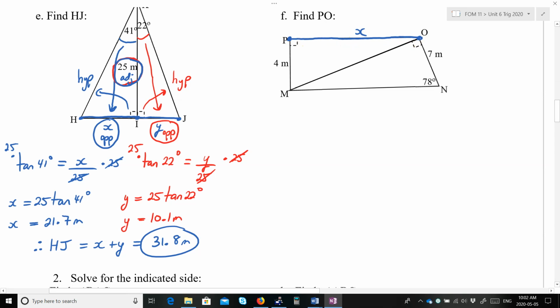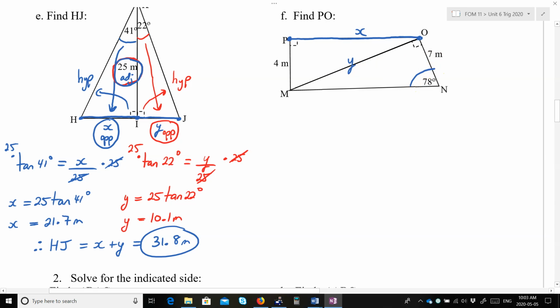Okay, in letter F, it wants us to find PO. Let's call it X. This looks like a stepping stone question, I think. Yep, we have an angle and a side in this bottom triangle, so we could use that to get the common side in the upper triangle, and then use y to get x.